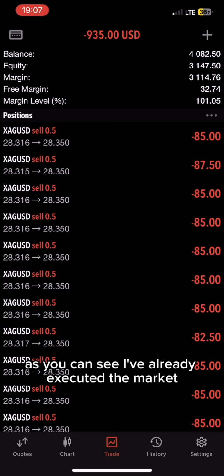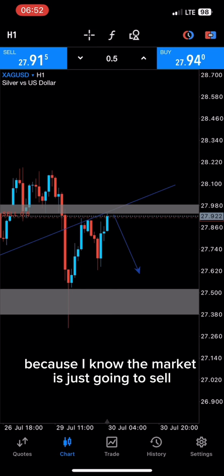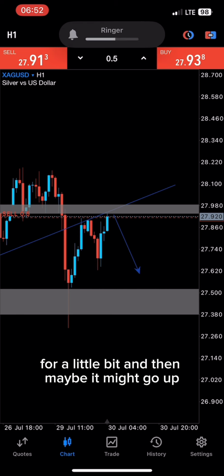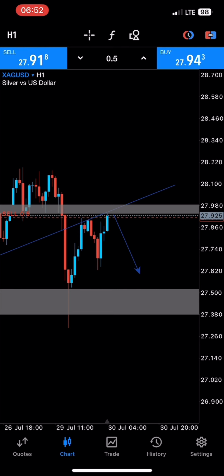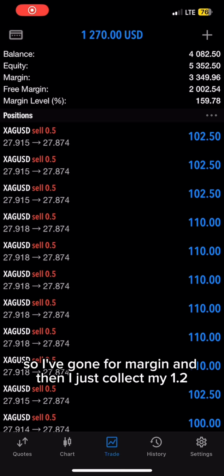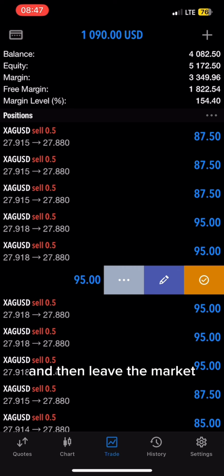As you can see, I've already executed the market because I know the market is just going to sell for a little bit and then maybe it might go up. So I've gone full margin and then I just collect my 1.2 and then leave the market.